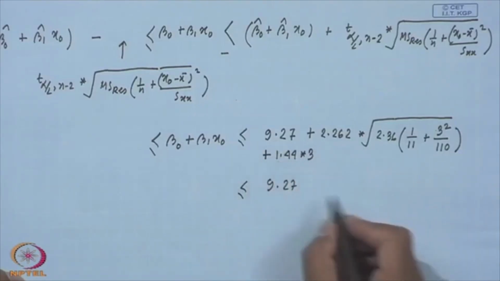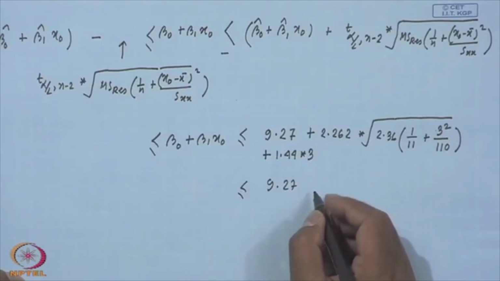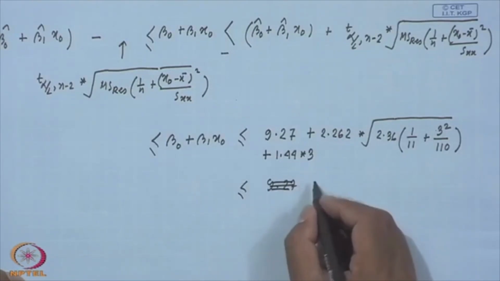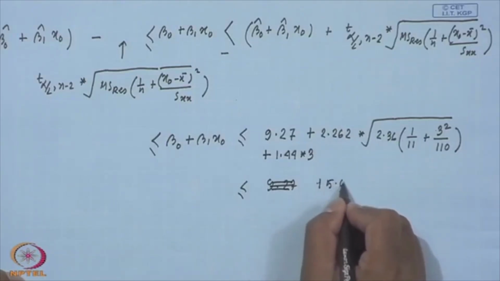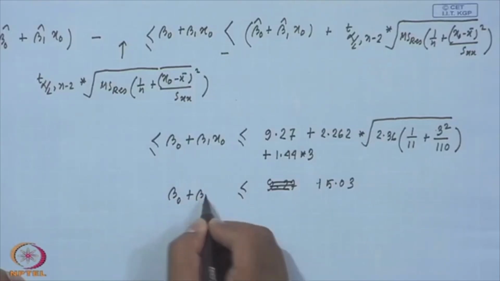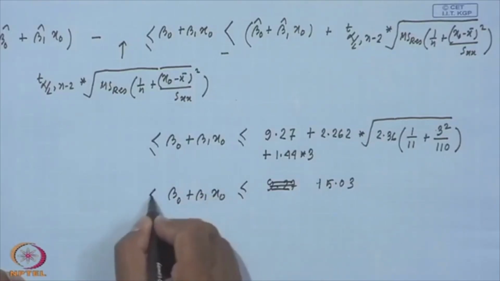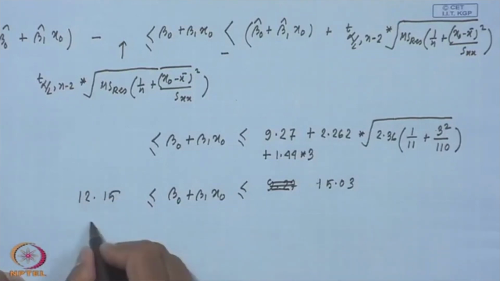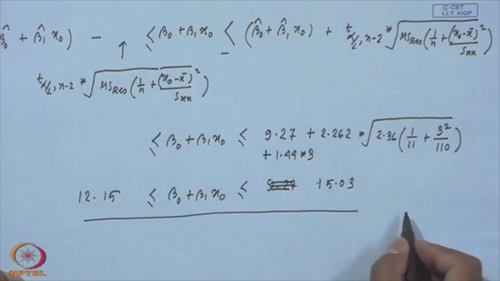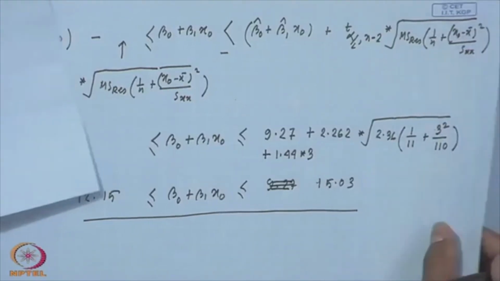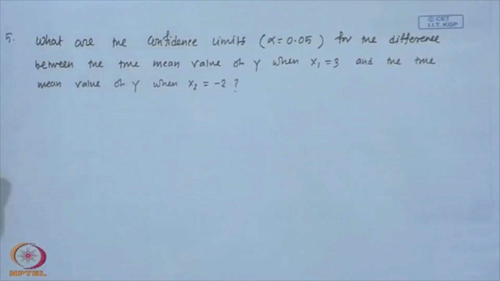So, you can check that this whole thing is nothing but 15.03, which is the upper limit for beta naught plus beta 1 x naught, and the lower limit, you can check, is 12.15. Okay. So, we found the confidence limit for the mean response at the point x equal to 3.